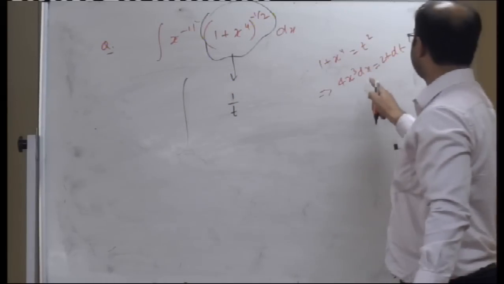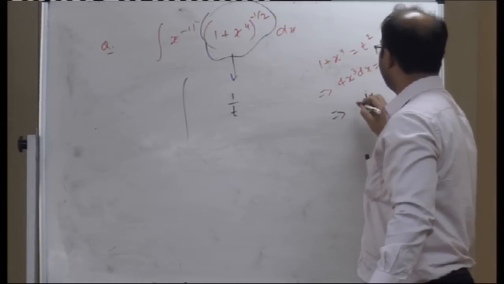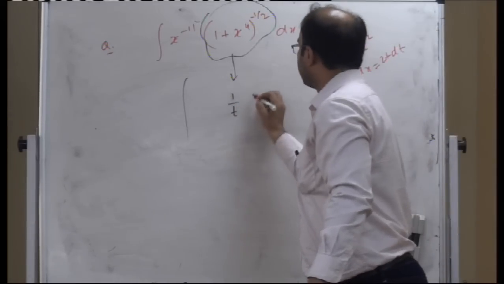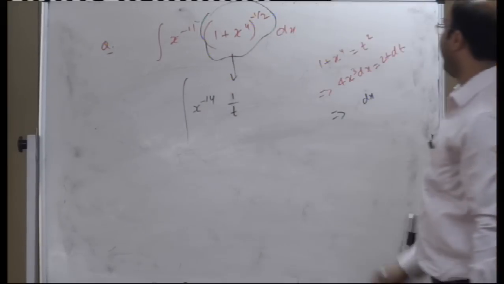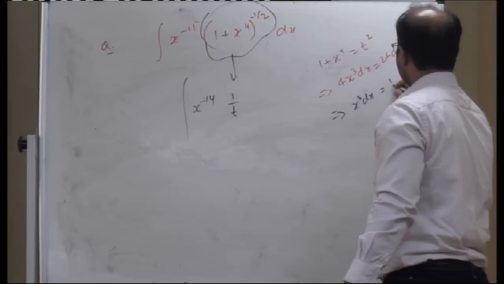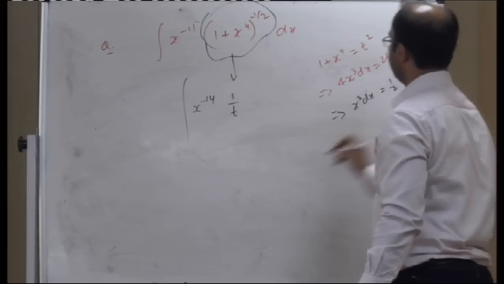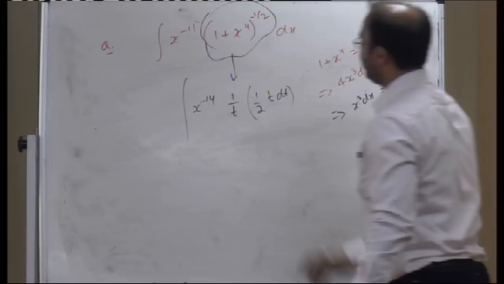And dx is actually, if you multiply x cube here, this would become x cube dx, so this would become x to the power minus 14, and x cube dx will become 1 by 2 t dt. I hope it is clear now.